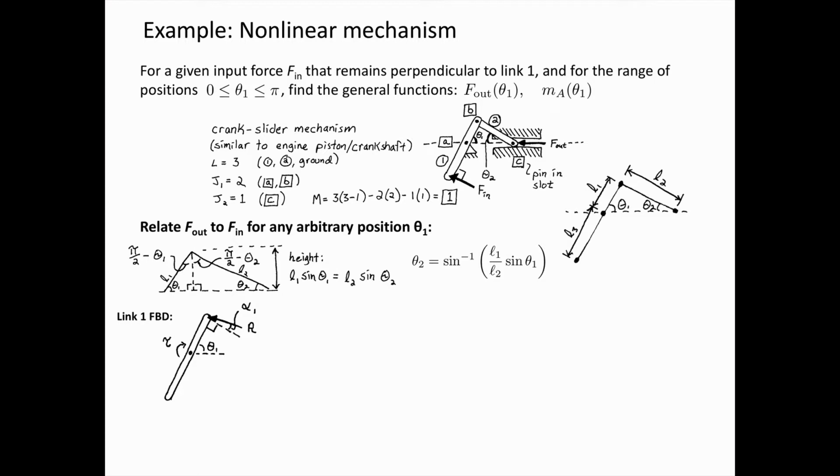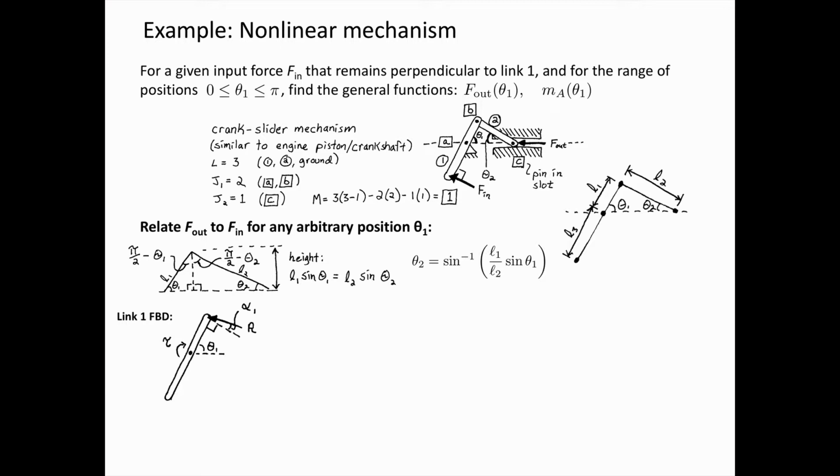Now we're going to move on to statics analysis. We need to draw a free body diagram for link 1. This input force F1 is going to cause a torque about joint A, this pivot for link 1. And link 1 is connected at its top end to link 2 through a revolute joint.